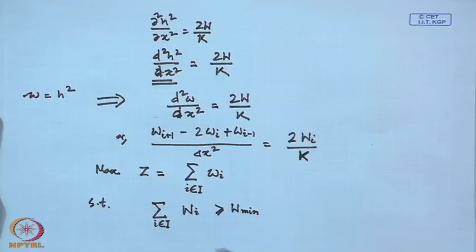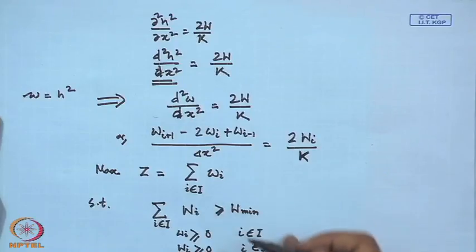Other constraints are that small w should be greater than or equal to 0, since head cannot be negative, and also our pumping cannot be negative.